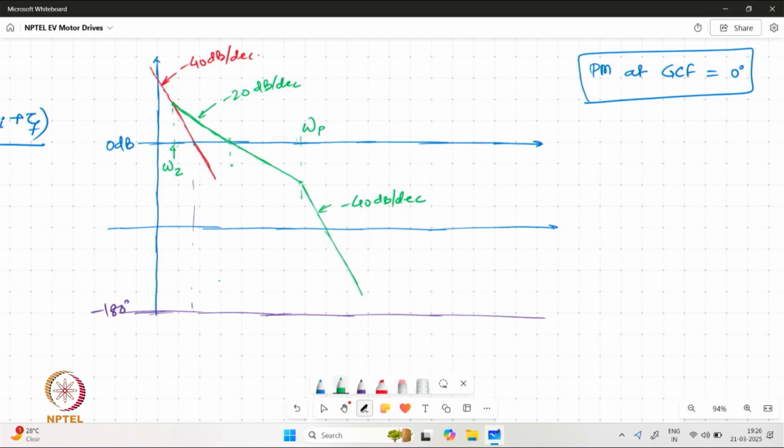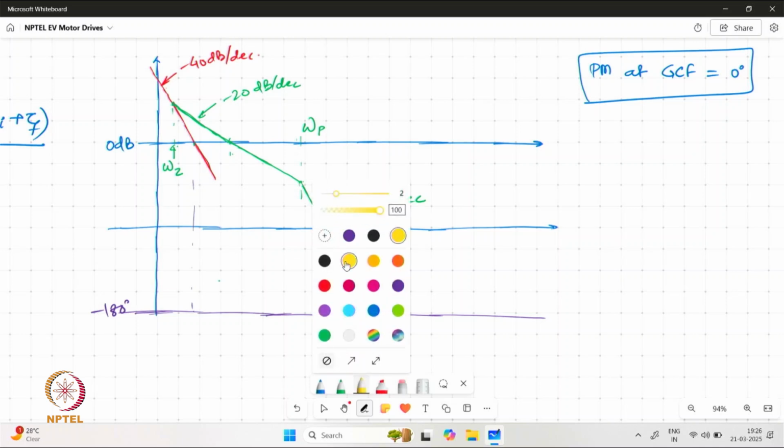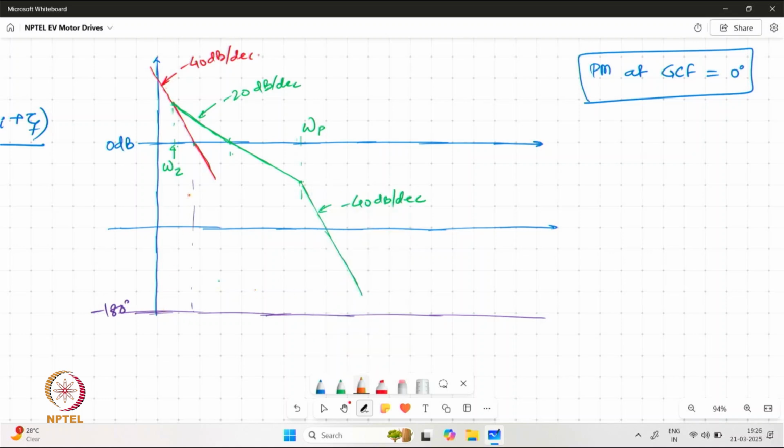In this manner, we are going to see some improvement in the phase margin. Phase is going to start improving, and eventually it would come back to minus 180 degrees.